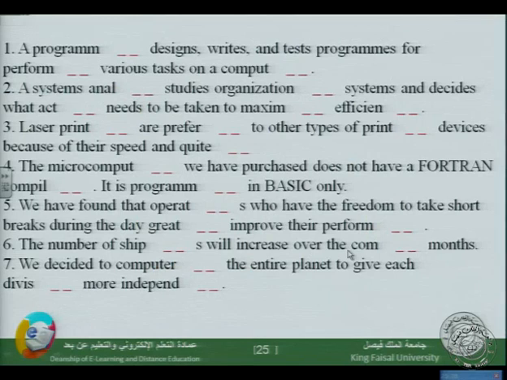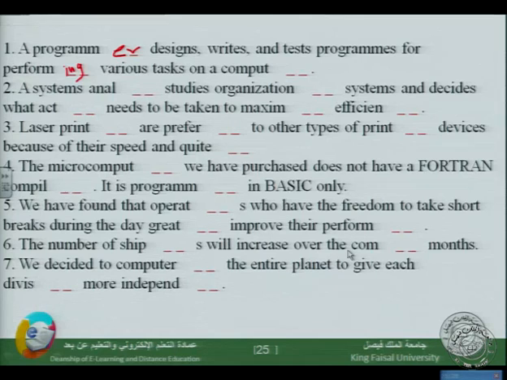Here also we have another example where you should add either a suffix or a prefix. I will do the first one. A programmer designs, writes, and tests programs for performing. After for, you should have a gerund.